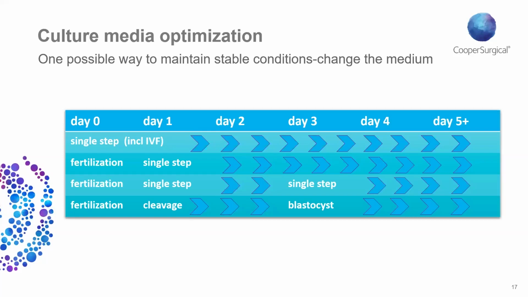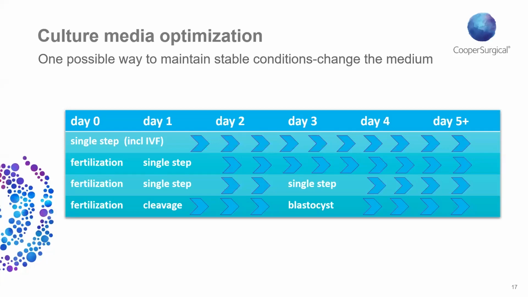So we had to change that media on day 3 when the embryonic genome was being activated. So here, of course, by changing the medium on day 3, we reduce the risk of the long-term effects of evaporation and also the accumulation of VOCs in the oil that we're culturing. You can use single-step media in exactly the same way. So you can use it and change the medium on day 3.